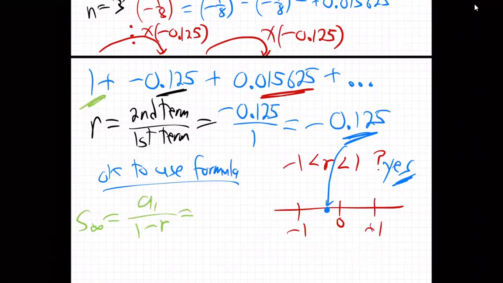So what's A1? Well, that's just 1. Here's A1 right here, the first term. It's 1 over 1 minus, and what is R? Careful here. R is itself negative, negative 0.125, right?